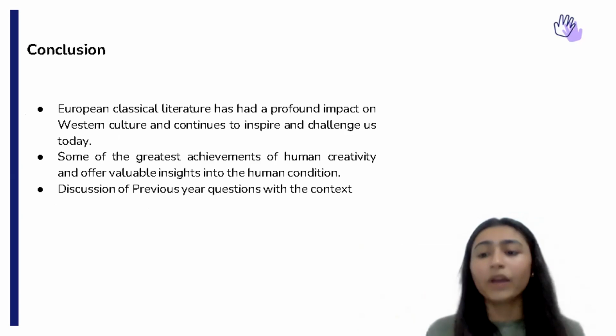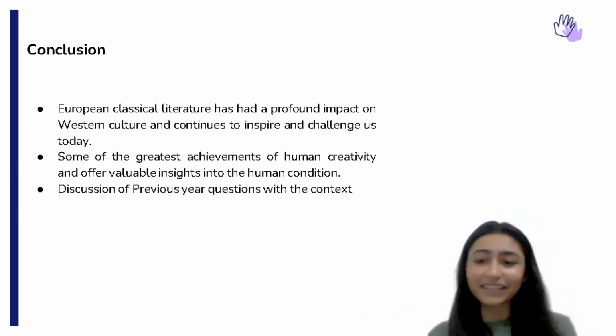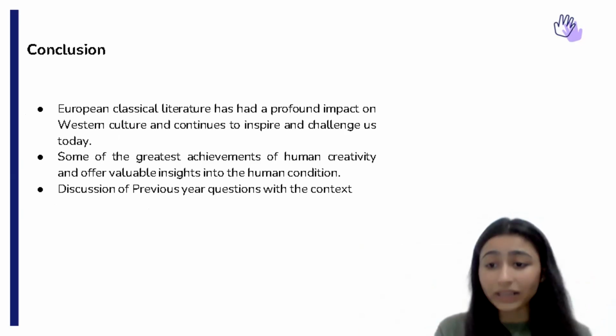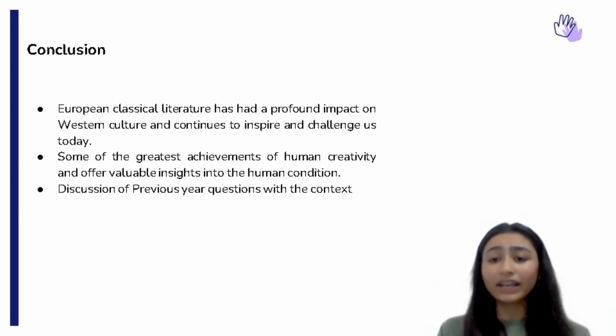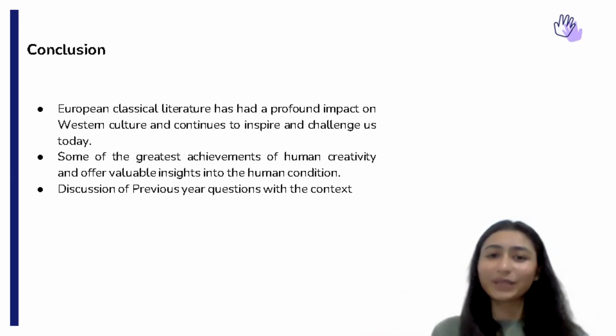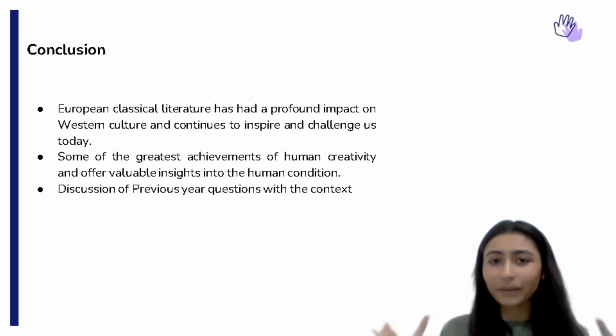We'll analyze the themes, the characters, the characterizations, and the literary techniques used by the playwrights and poets. It will help us understand the impact of European classical literature and how it still has an impact on contemporary times. We are going to understand it step by step.